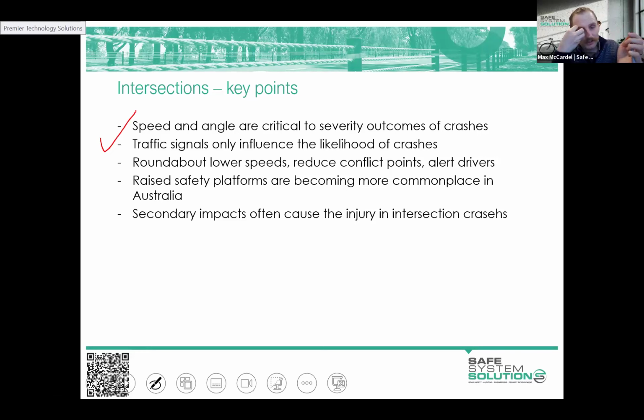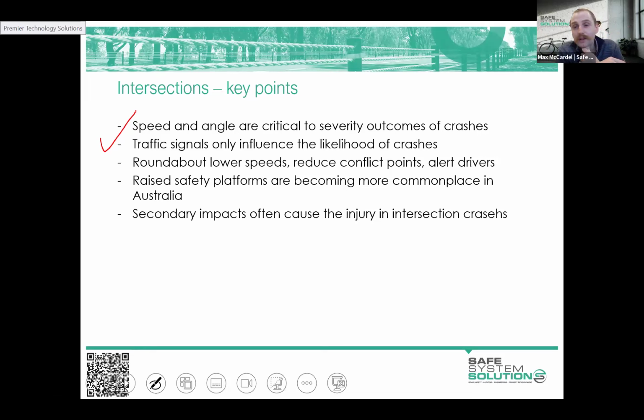Roundabouts are excellent in reducing speeds, conflict points, and having that activation effect for the driver, just making them more alert of their surroundings. Raised safety platforms are also excellent to be able to wash off speed. Another thing I didn't touch on with raised safety platforms is, let's say you've got a red light runner at an intersection which has the raised safety platforms.